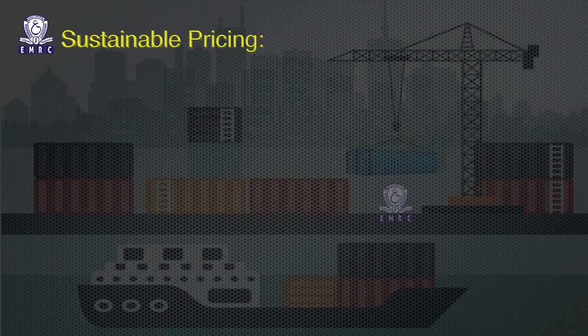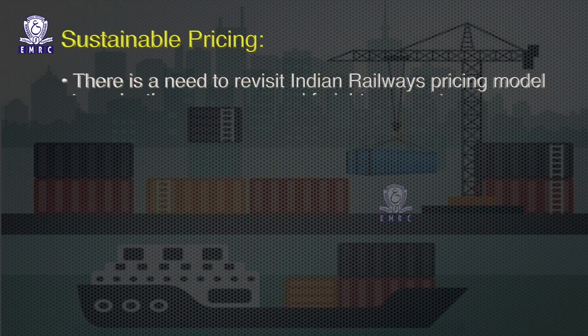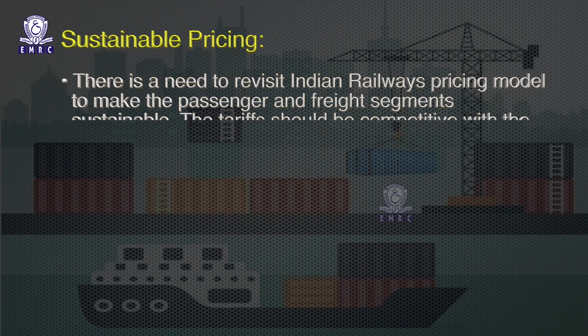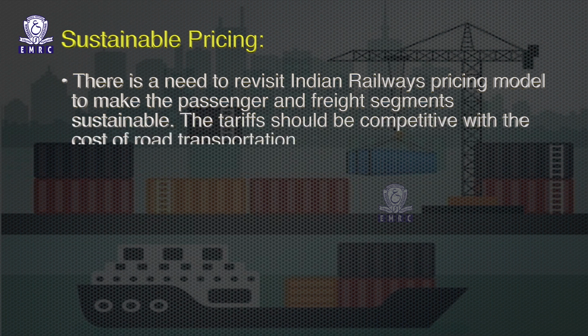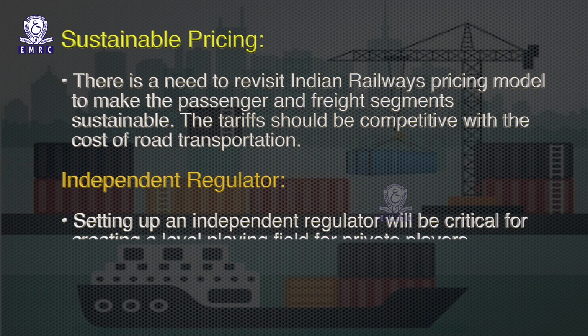So, what can be the way forward? The first one is sustainable pricing. There is a need to revisit the Indian Railways pricing model to make the passenger and freight segments sustainable. The tariff should be competitive with the cost of road transport. The second is an independent regulator. Setting up an independent regulator will be critical for creating a level playing field for private players.